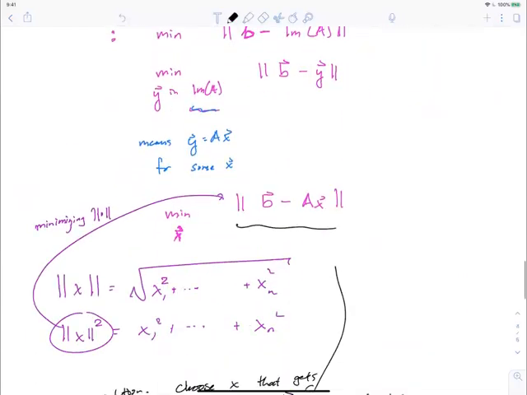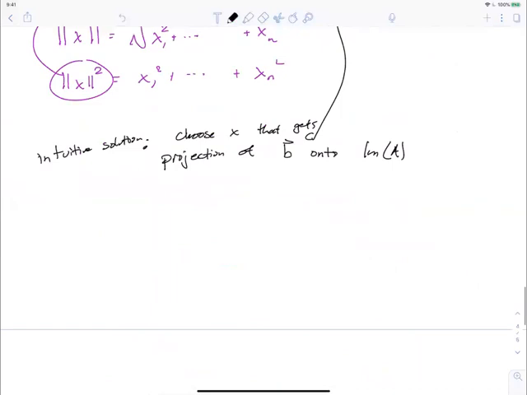So now, if we want to solve this equation, instead of solving AX equals B, we're going to solve AX equals B parallel, the projection. And since B parallel, the projection, lives in the image, this has a solution.